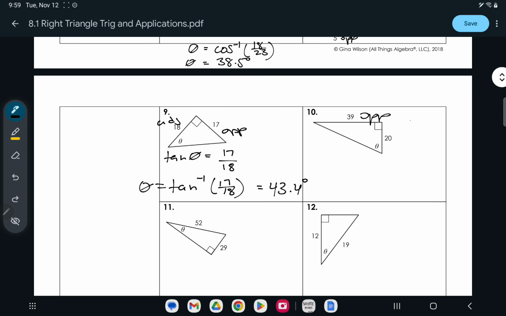We have opposite and adjacent, so another tangent. And then theta is inverse tangent of 39 over 20, which is 50.8 degrees.